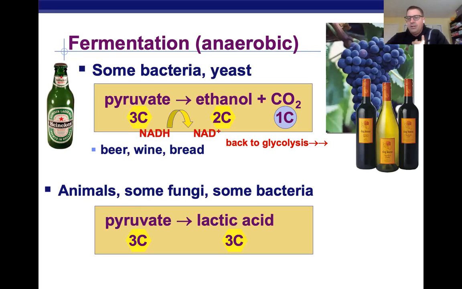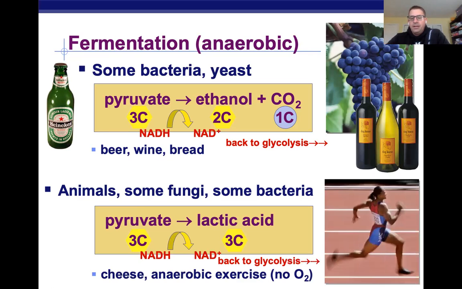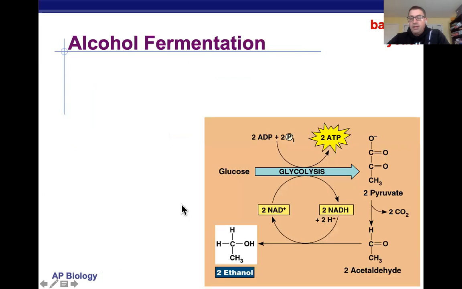So we carry out lactic acid fermentation. If we've been exercising for a long period of time, and our oxygen levels get low, our muscle cells will switch to fermentation. Okay, and this is used to help make cheese, and it's also used during athletic activities.